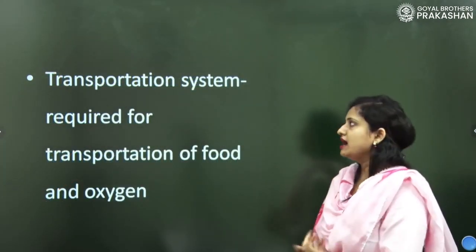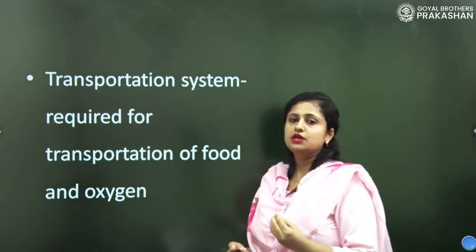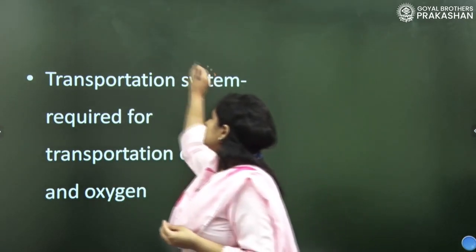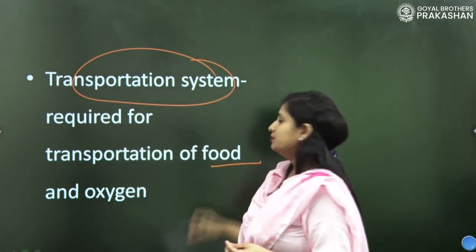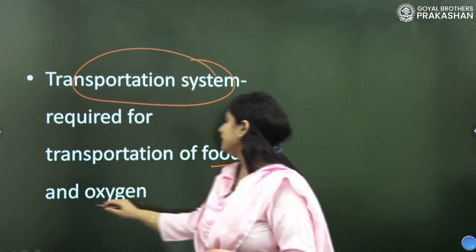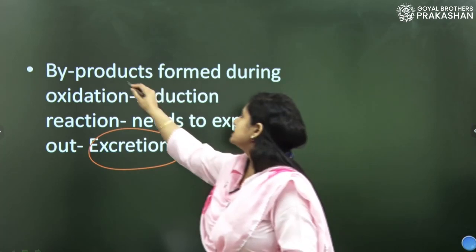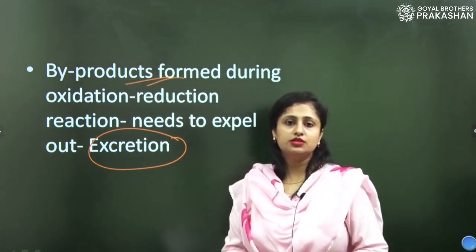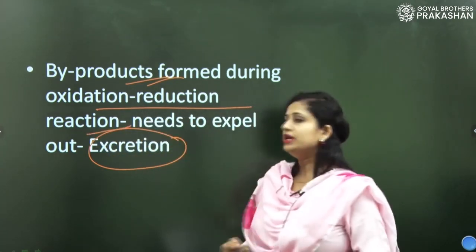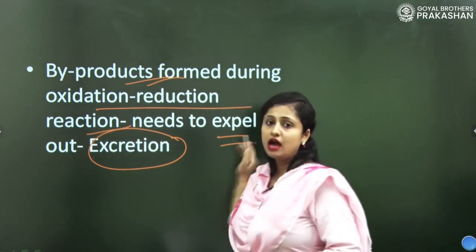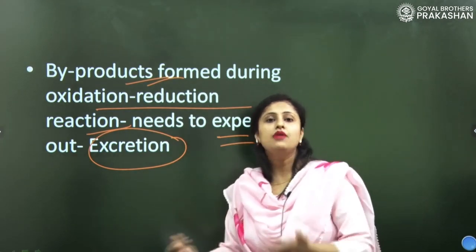In multicellular organisms like humans, we need a transportation system to carry out the transportation of food and oxygen. The excretory system is also required to excrete the waste or byproducts formed during the oxidation-reduction reaction, which need to be expelled. Otherwise, the byproducts could be harmful for our body.